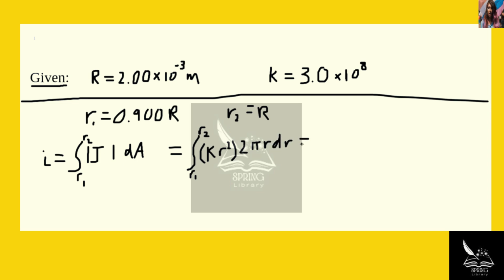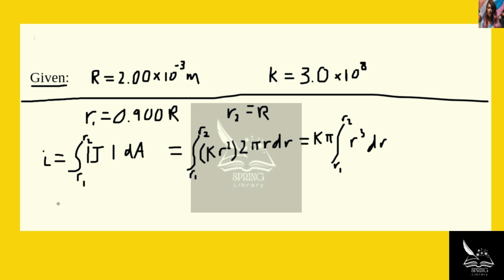Okay, so we can combine the r's and pull the constants out front. So we have 2 pi K times the integral from r1 to r2 of r cubed dr. Well, the integral of r cubed is r to the fourth over 4.